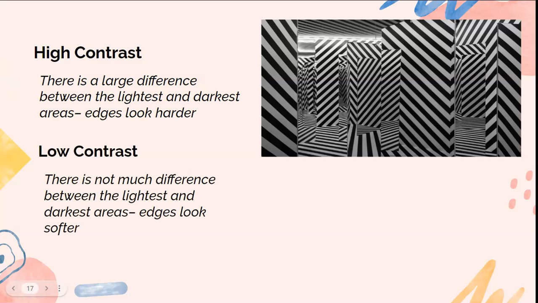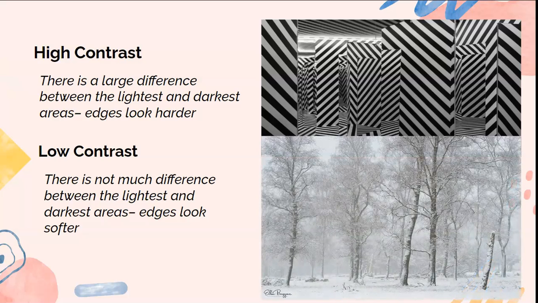However, for low contrast, it's exactly the opposite. There is not much difference between the lightest and darkest areas. That tends to make the edges look softer. For example, we might have elements that are similar to each other, probably mid-gray and all dark value or light value.